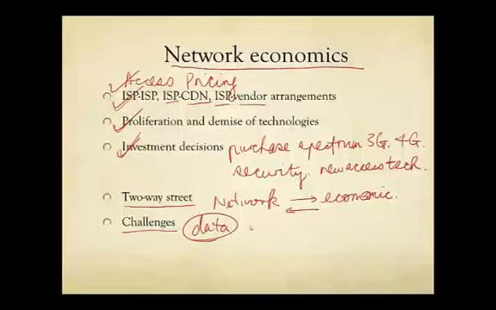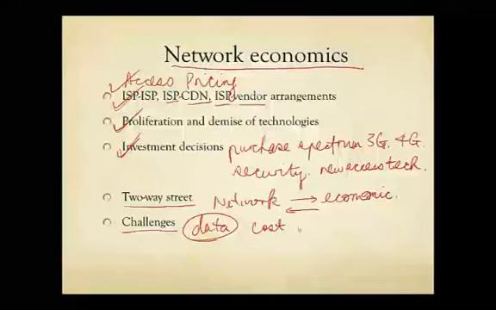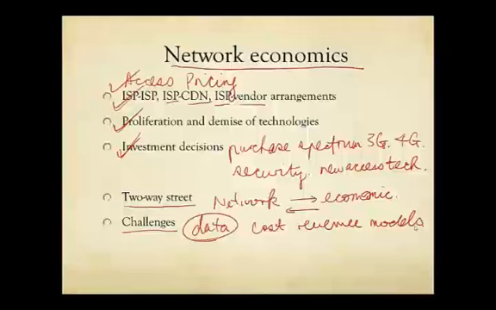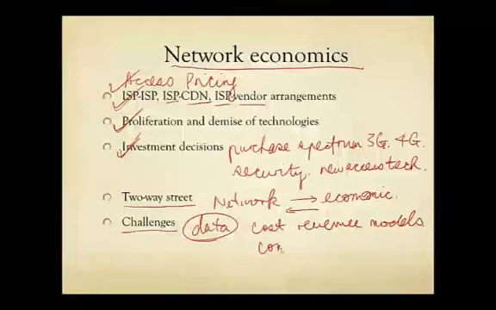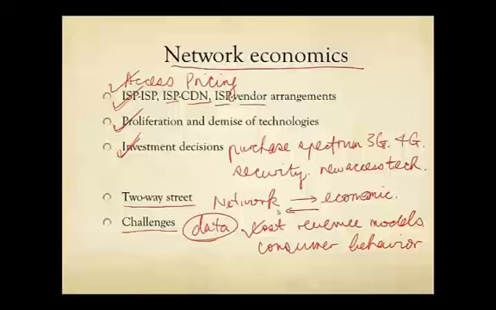Whether these are the data about the cost or revenue models of the ISPs, or these are the, say, data of consumer behavior. For this kind of data, we need proprietary information from the industry. For this kind of data, we need to carry out realistic consumer trials. We'll see some of these challenges being met later in today's lecture.